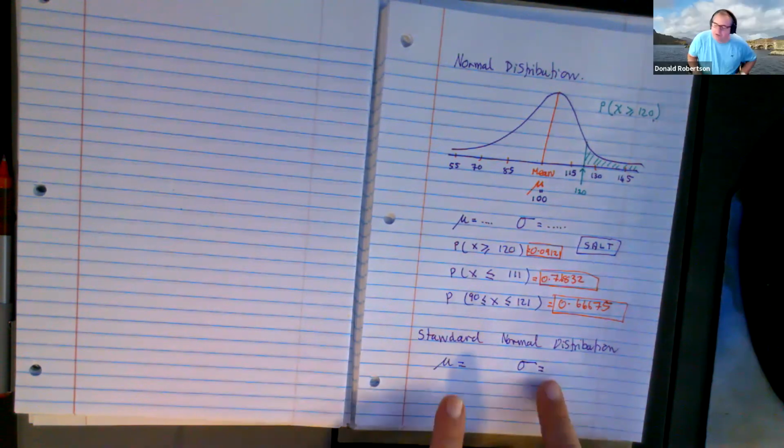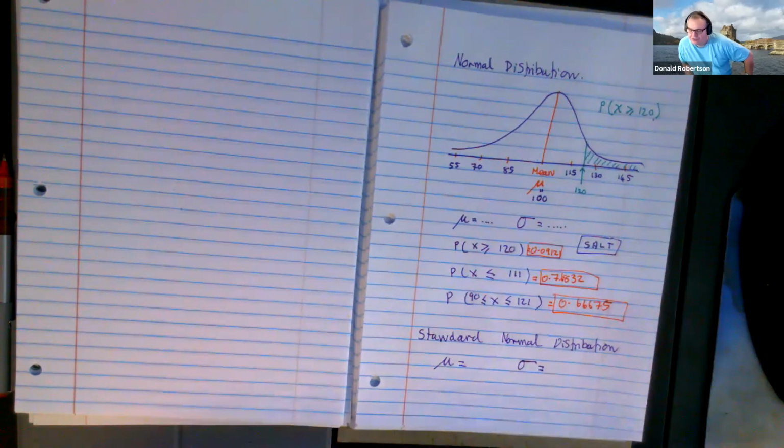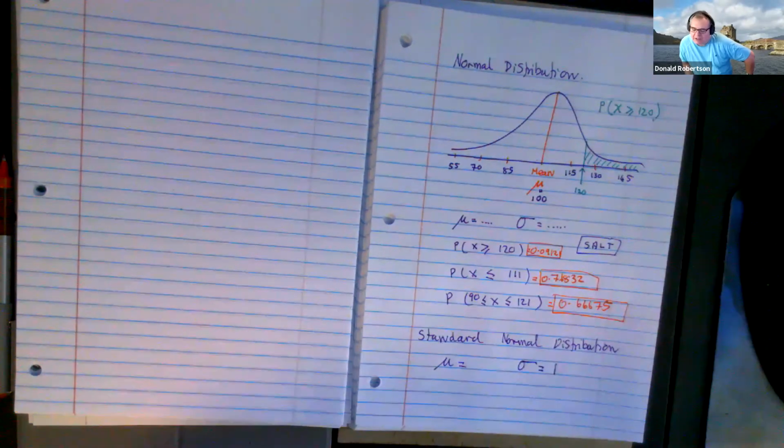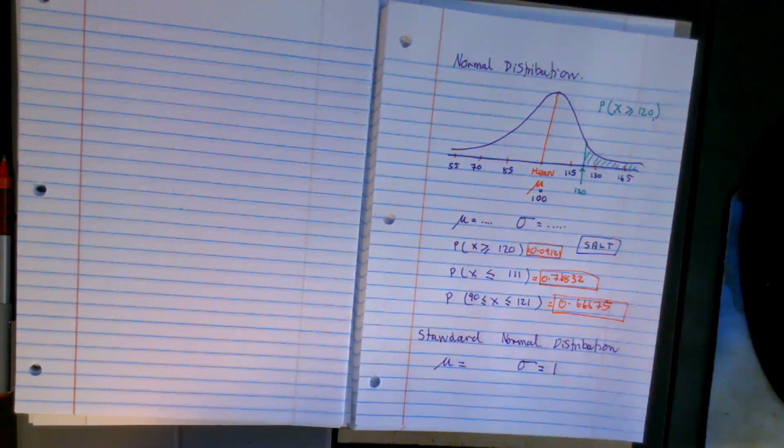One. Okay, which one of these is 1, because one is an answer for one of the two. The standard deviation is one. And what's the mean? Would that be 0? Yes.